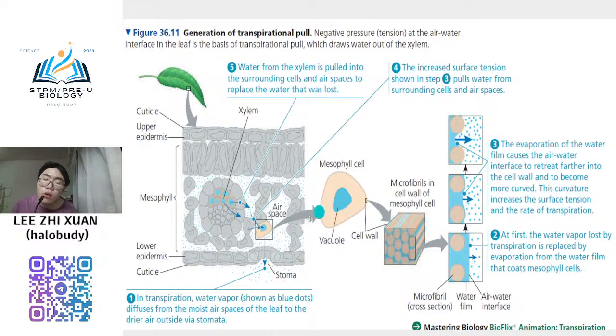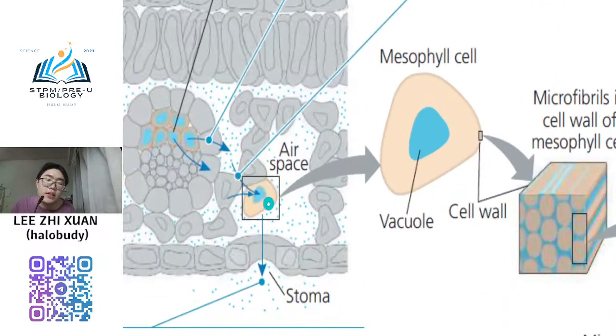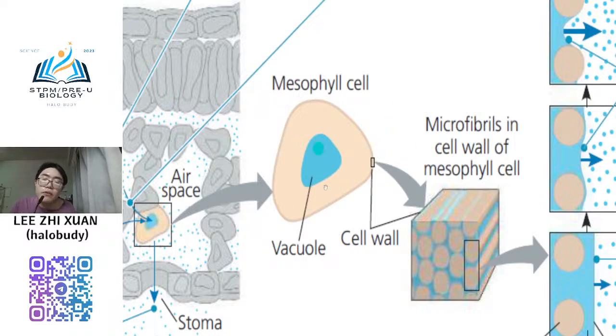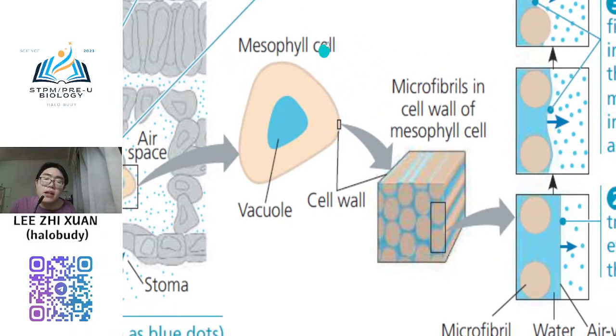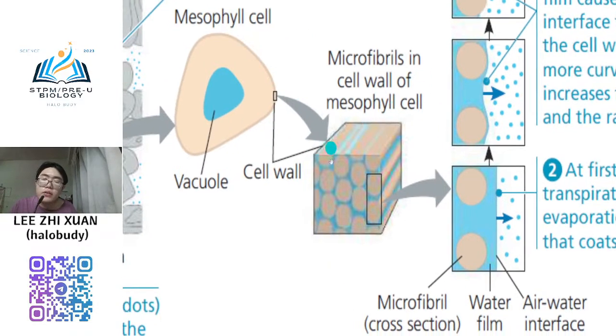Okay. So if you see this diagram, this is one type of spongy mesophyll cell. In the cell wall of the mesophyll cell, there is a lot of water film, meaning that within the cell wall there is a lot of water trapped here.